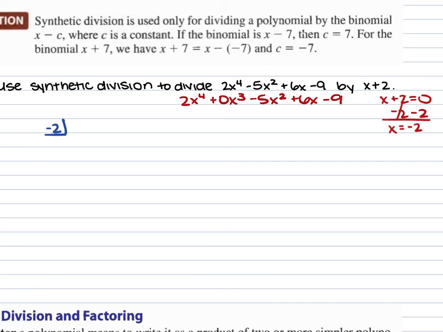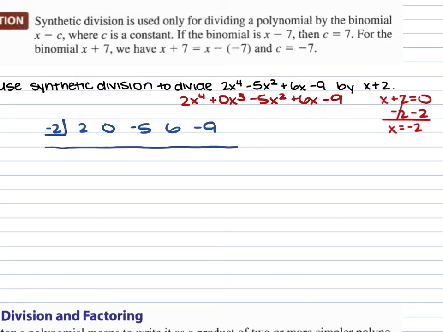From here, you want the coefficients and constant from that 2x to the 4th power plus 0x cubed minus 5x squared plus 6x minus 9 to go to the right of that negative 2. So I'm going to have a 2, a 0, a negative 5, the 6, and a negative 9. So you see here that the signs in front of the numbers stay with the numbers.